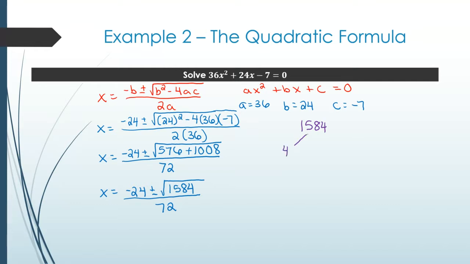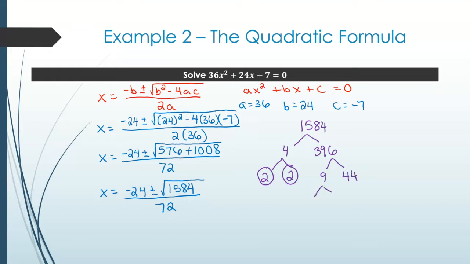So it gives me 4 times 396. And I know that 4 is 2 times 2, and so those are prime. 396, I believe that is divisible by 9, and that is. So that is 9, and on my calculator it says that's 44.